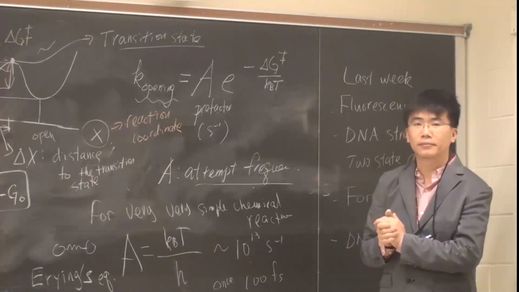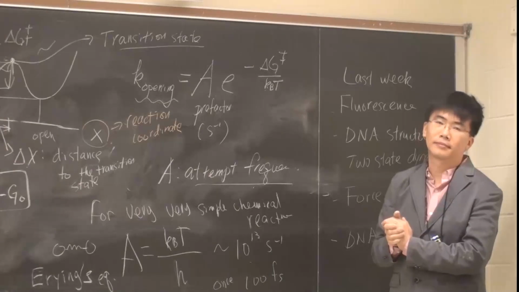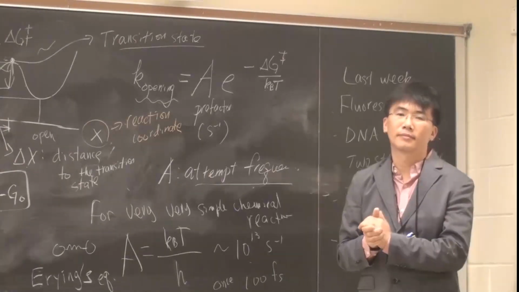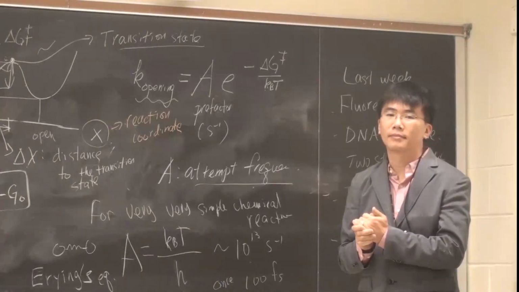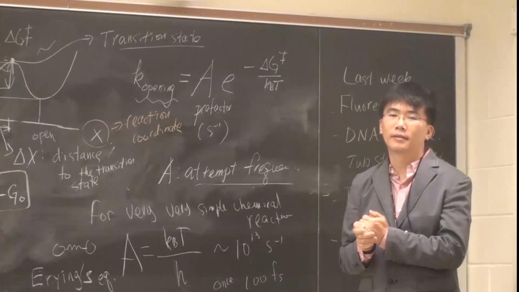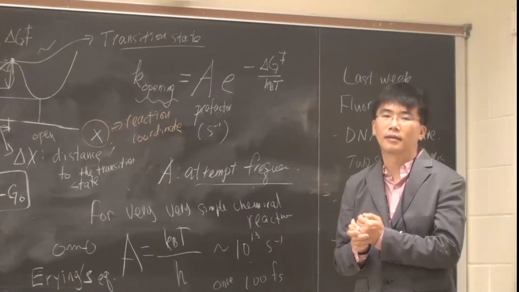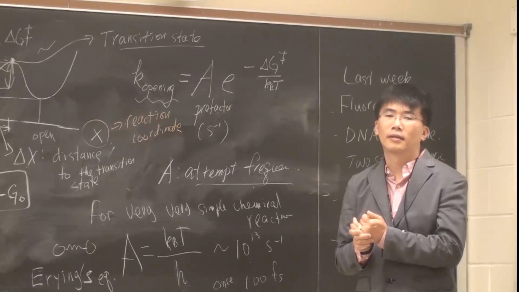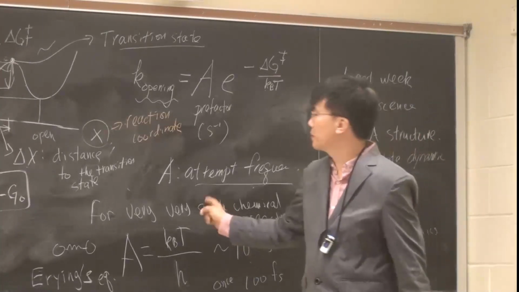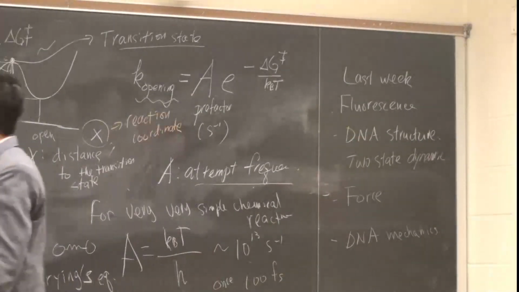Any other question? So when can we assume A equals k_B T over h? So you said very, very simple reactions. So that would mean only single step reactions, like first order reactions? For example, can we use this term for a DNA hairpin?